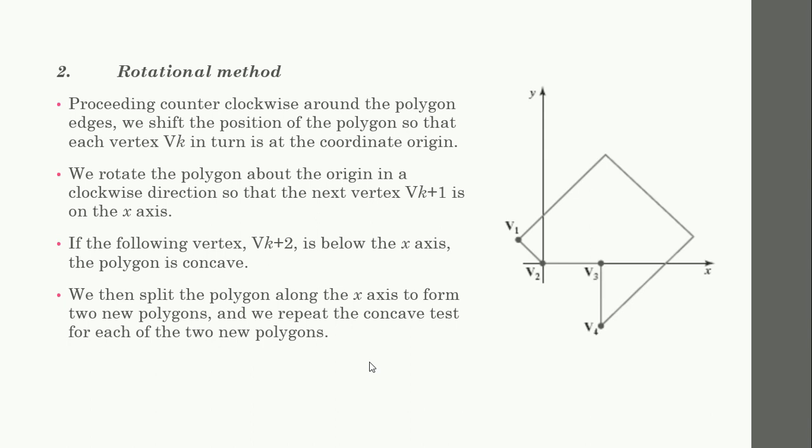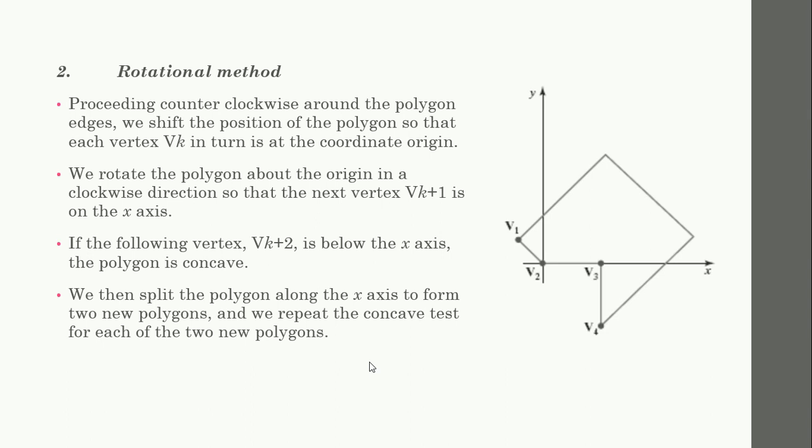If the following vertex vk plus 2 is below the x-axis, then the polygon is concave. Suppose after keeping vk and vk plus 1 on the x-axis, we check the next vertex vk plus 2. For example, if you are keeping v1 and v2 on the x-axis, vk plus 2 will be the vertex v3.